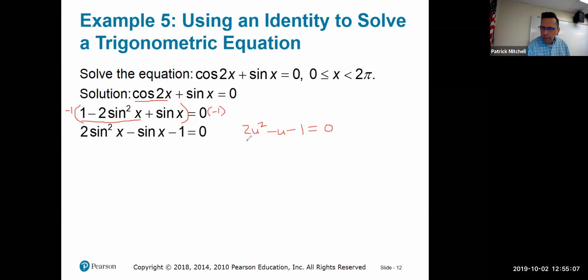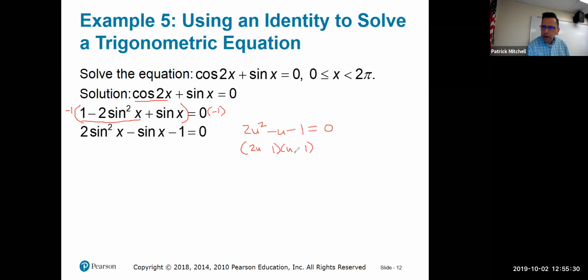So while I'm here, let me just do this. You solve those by factoring. The only way to get 2u squared would be with 2u and u. The only way to get the 1 would be with 1 and 1.